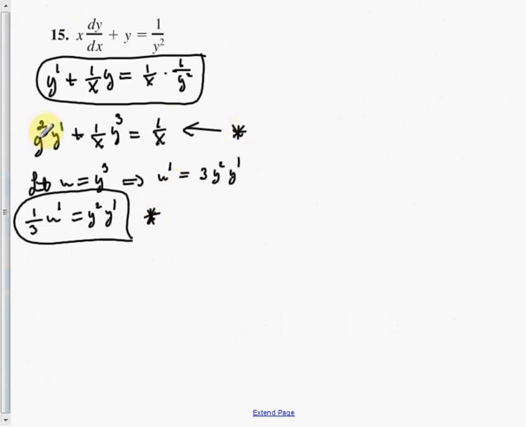So I'm going to make my substitution here in this problem. Here I have y squared y prime. That's going to be 1/3 u prime. So it's 1/3 u prime plus 1 over x times u, since this y to the third was claimed to be u. This is equal to 1 over x.